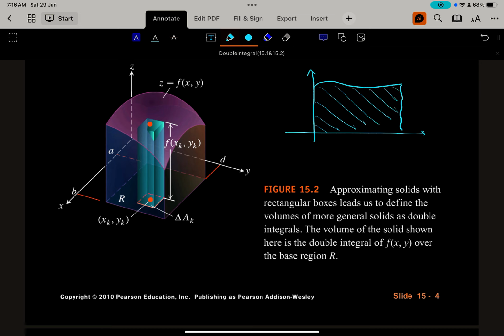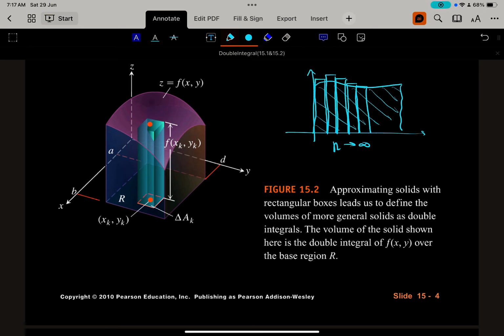So now this is a region, and we were dividing that region into squares, into rectangles. We're dividing it into approximating rectangles and taking the limit of these rectangles as n approaches infinity. So as the number of these rectangles increases, the approximations become better.